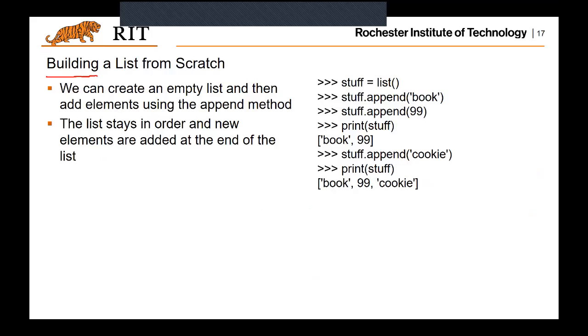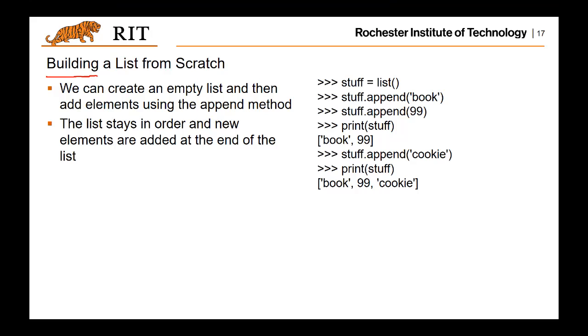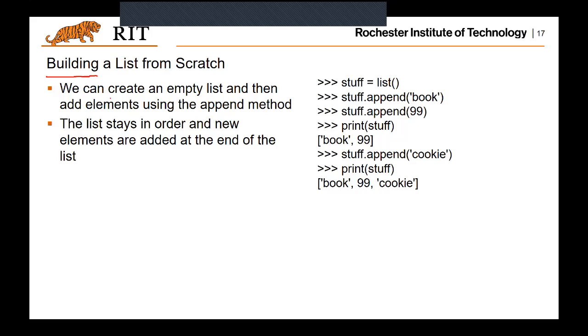In this case, you do not want to put anything in the list at the very beginning, because sometimes you just want to select some numbers or values, and then put them into the list. That's quite a common case when you write a program. And in that case, you want to create an empty list.